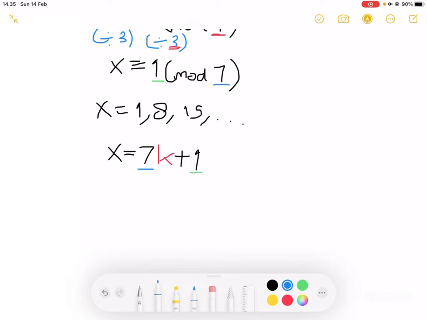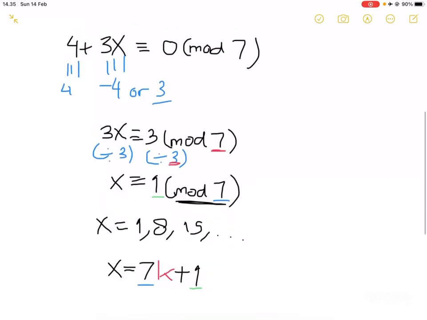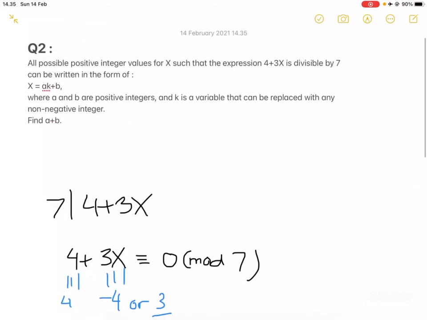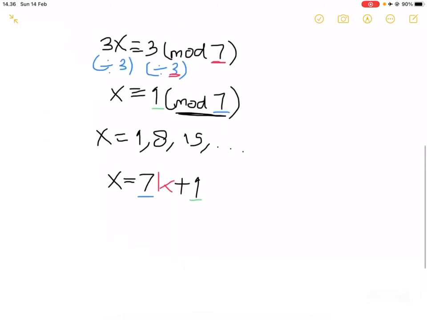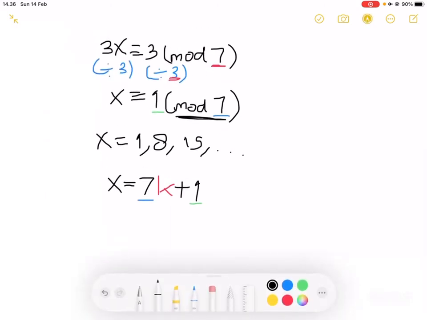In this form, 7 is the divisor, the modulus that we are looking at. k is the quotient that we don't really know yet. However, we can replace the quotient with k, a variable that can be replaced with any non-negative integer, and 1 is the remainder.